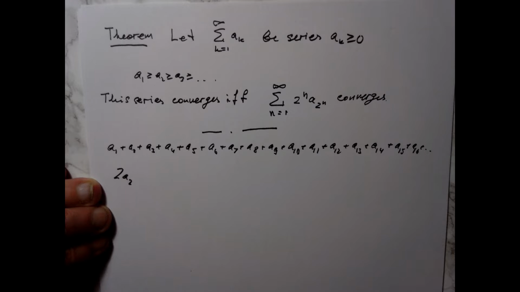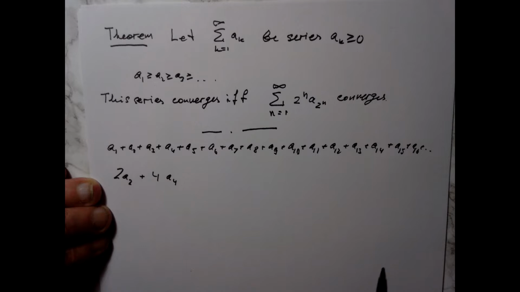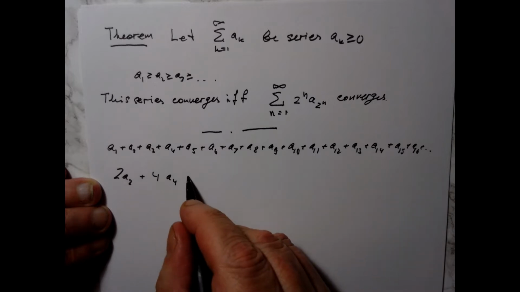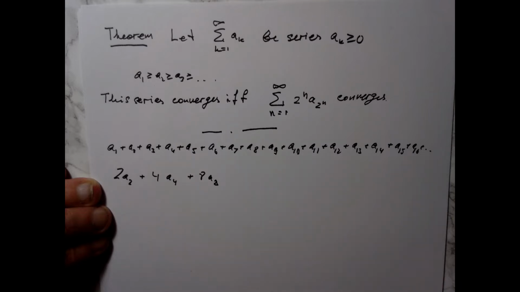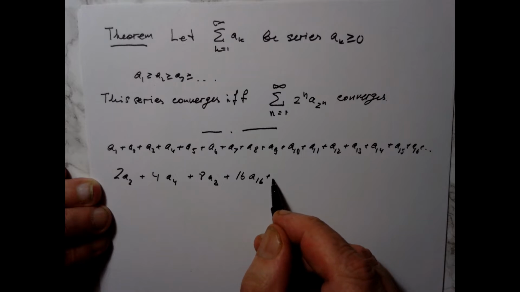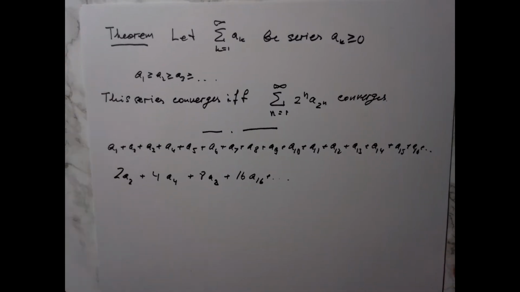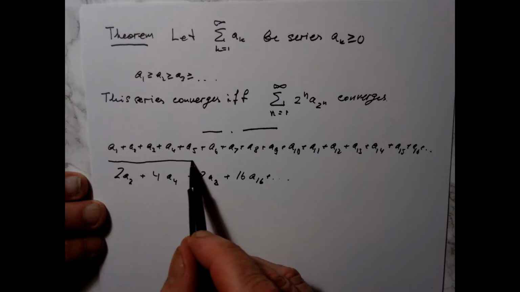And if n is equal to 2, then I will have plus 4a4, and if n is equal to 3, I will have plus 8a8, and if n is equal to 4, I will have plus 16a16, plus etc. And I'm going to compare the series on the top and the series on the bottom, and I will say that the series on the top converges if and only if the series on the bottom converges. Okay?